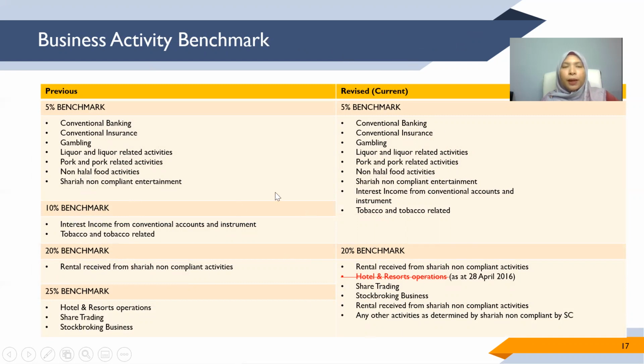This difference will make it easier for the investor to do the comparison, not only the investor but also the fund manager, because they are also in charge of the Shariah stocks. With the 5% and 20% benchmarks, it will be easier for the market player to differentiate between the two.